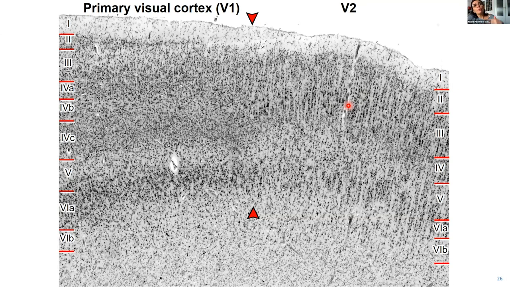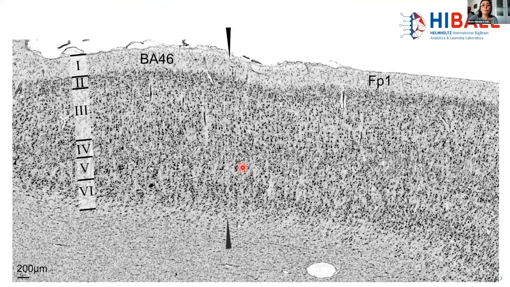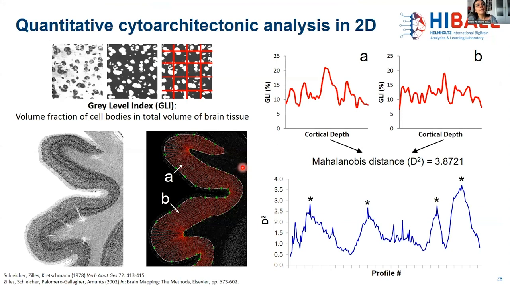The problem is whenever we move away from primary areas, it becomes very difficult to identify cortical borders based on these differences in laminar distribution patterns. And that's why it was so important that Katrin Amunts, for those of you that don't know her personally, and Karl Zilles established and developed a quantitative and statistically testable approach with which we could identify cortical borders.